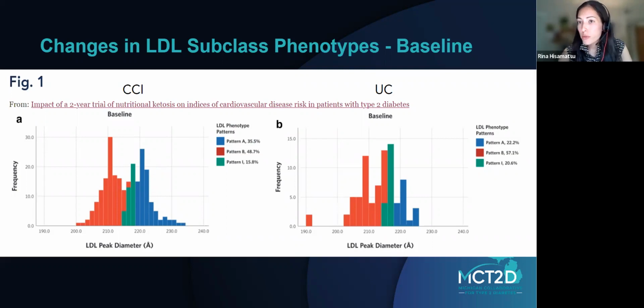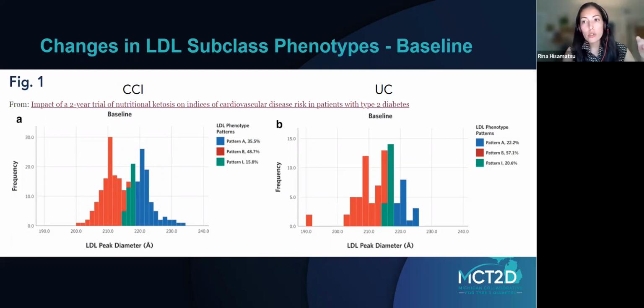LDL phenotype A is made up of larger, more buoyant LDL particles, while LDL phenotype B consists of smaller, denser LDL particles. Pattern I is the intermediate phenotype, often characterized by a broad distribution of intermediate-sized particles.